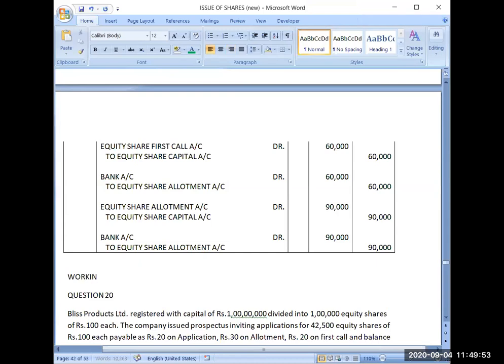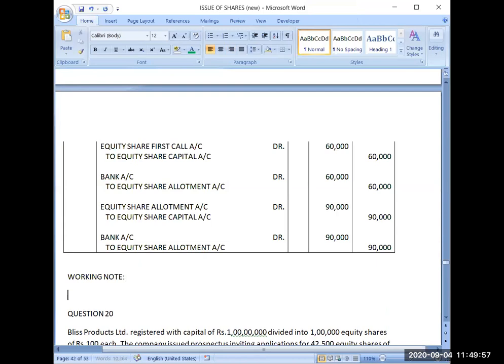Working note. Amount received on first call.